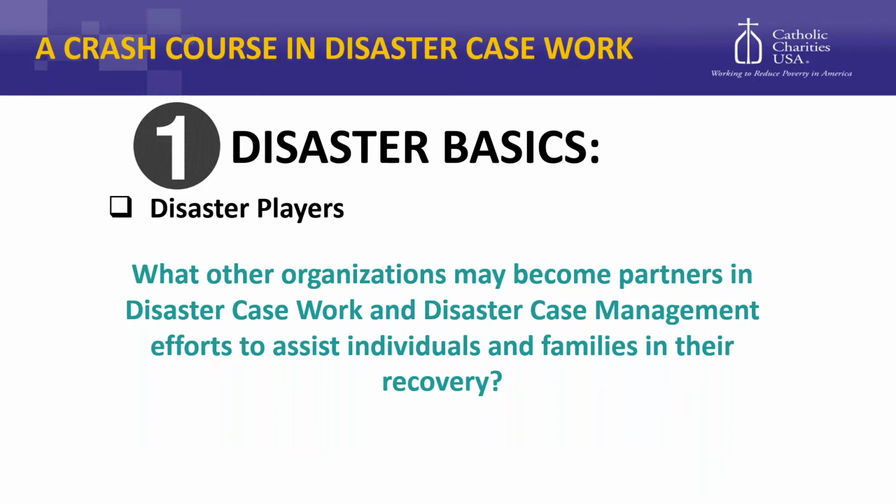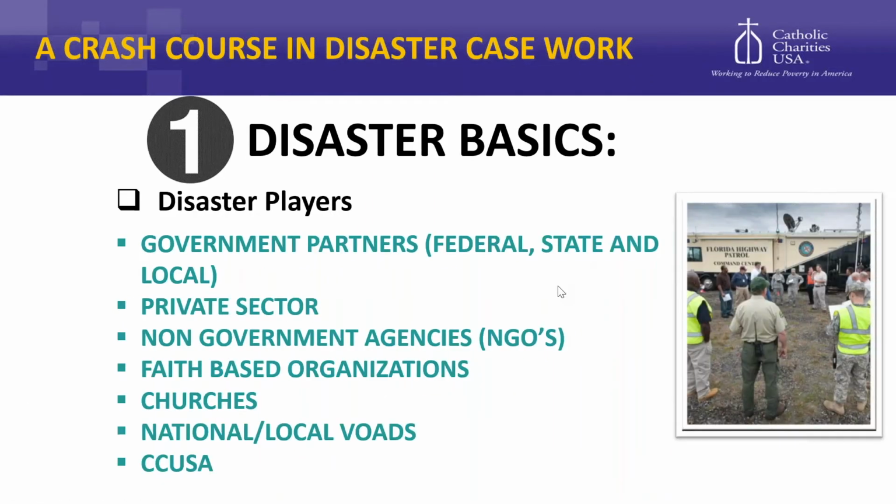So disaster players. What other organizations may become partners in disaster case work and disaster case management efforts to assist individuals and families in their recovery? You have government partners such as federal, state, and local. You have partners in the private sector such as Lowe's, Home Depot, Airbnb. You've got non-government organizations, we call them NGOs, such as Habitat for Humanity.